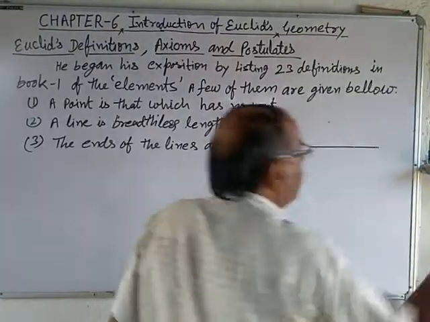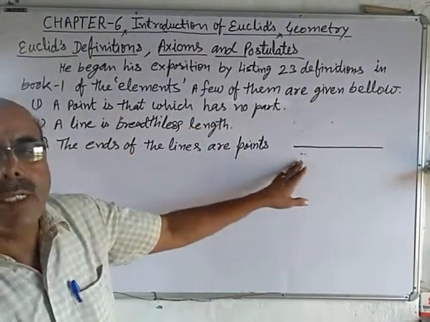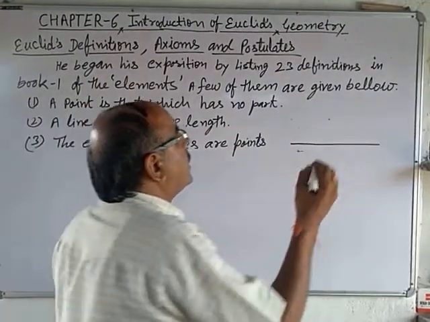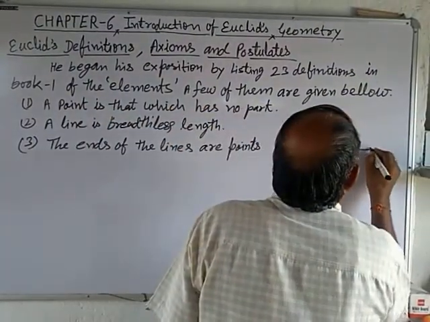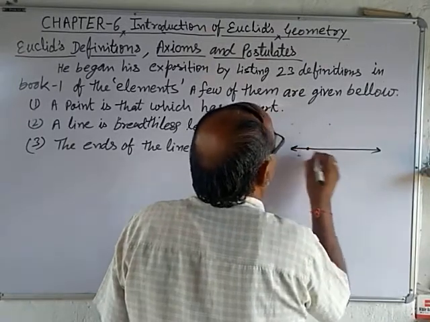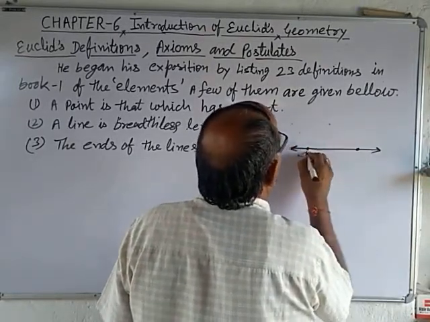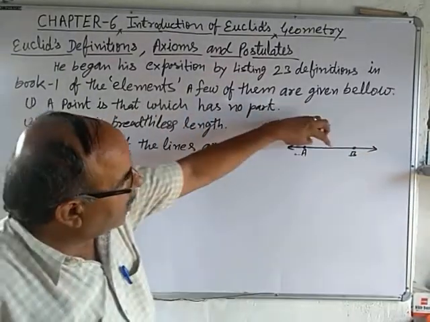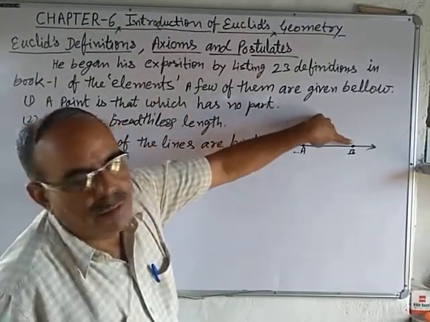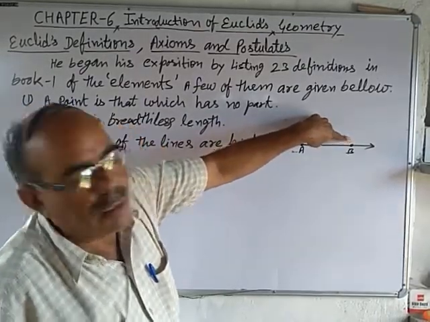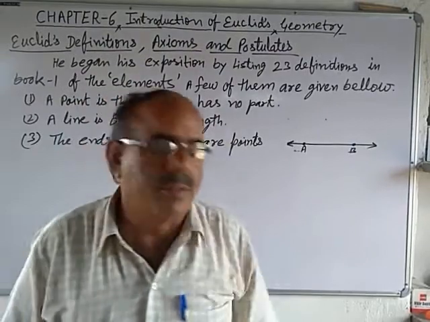A line is endless and breadthless. But the ends of the line are called points A and B. This is a line segment. These are called points.